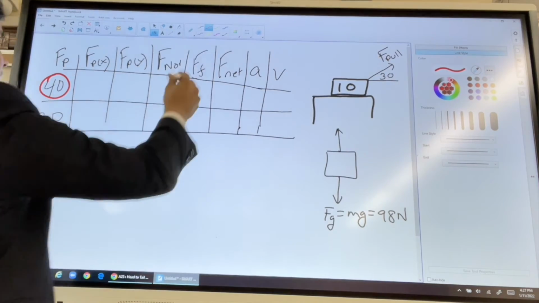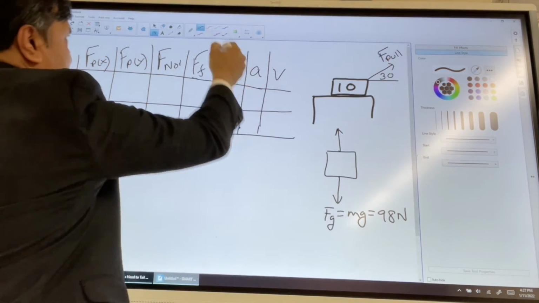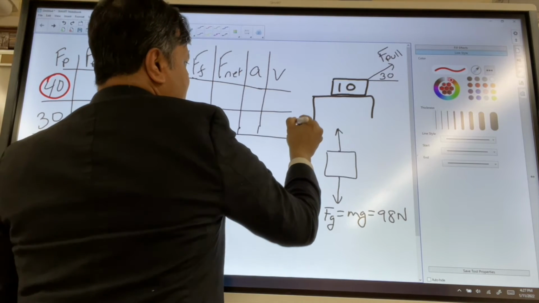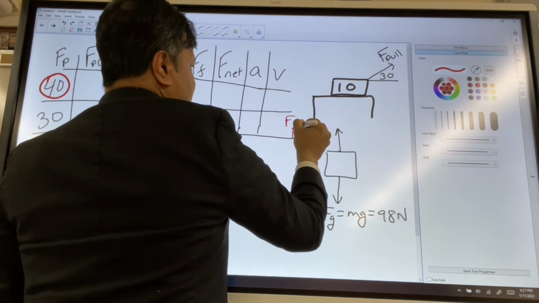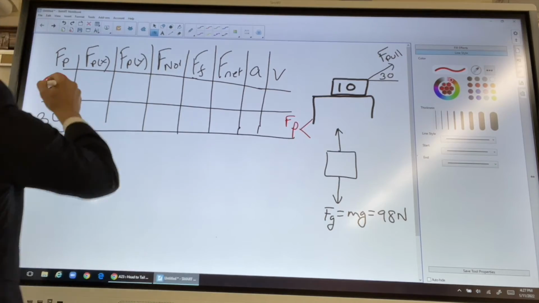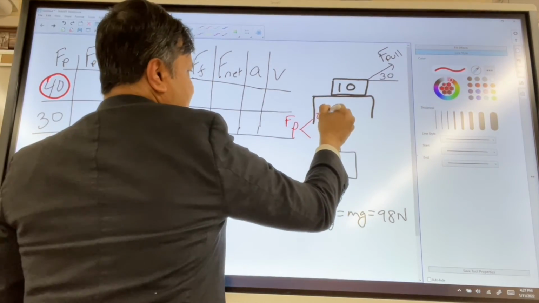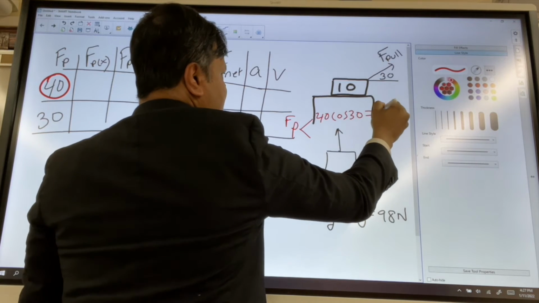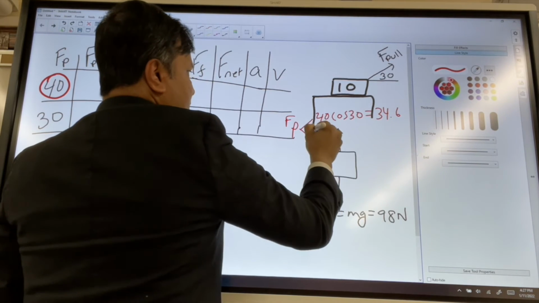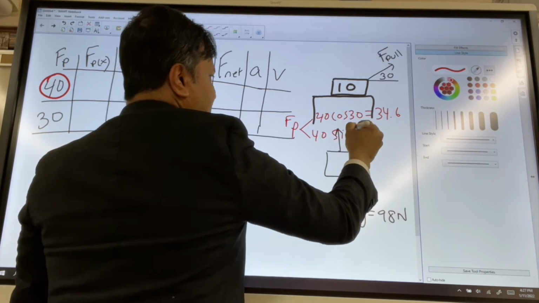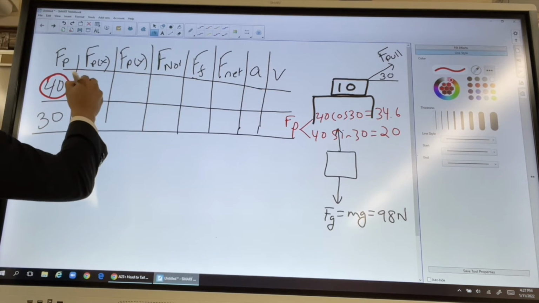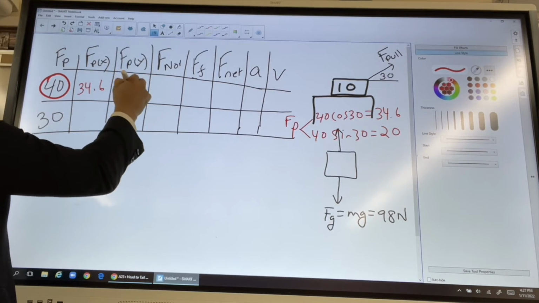So let's see the normal force. To find the normal force, first we're going to have to find the pulling force components. We're going to first do 40. So 40 in the x direction is 40 cosine 30, which should be 34.6, and 40 sine 30, which should be 20. Okay, so this is 34.6, this is 20.